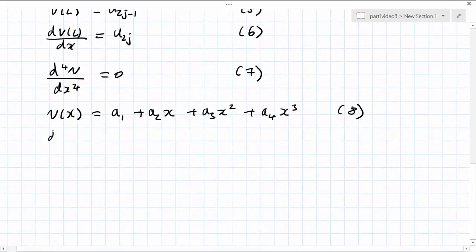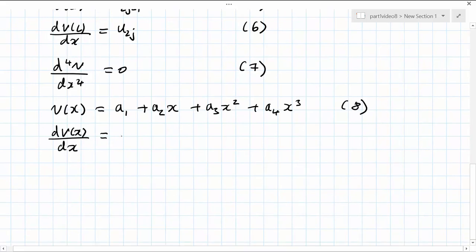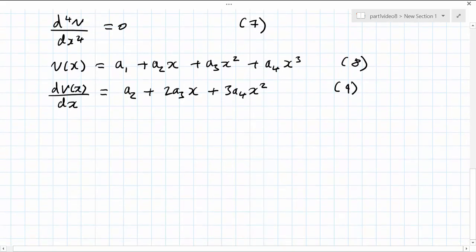We note that the derivative of this with respect to x is given by a2 plus 2a3 times x plus 3a4 times x². As with axial force elements, the coefficients a1 to a4 need to be determined.